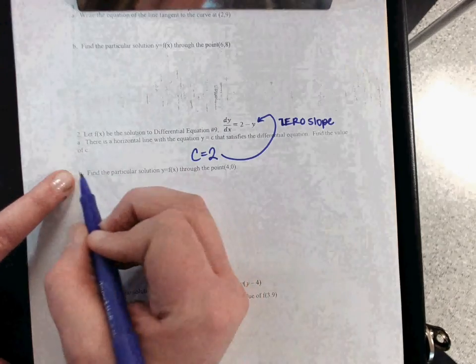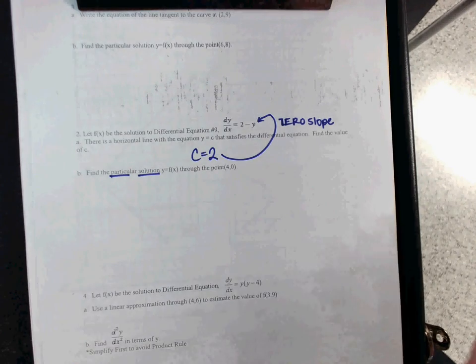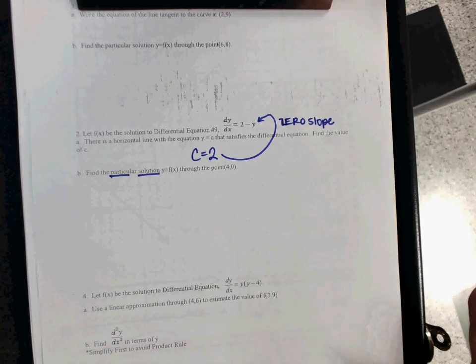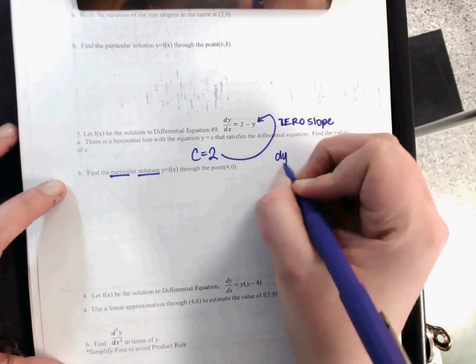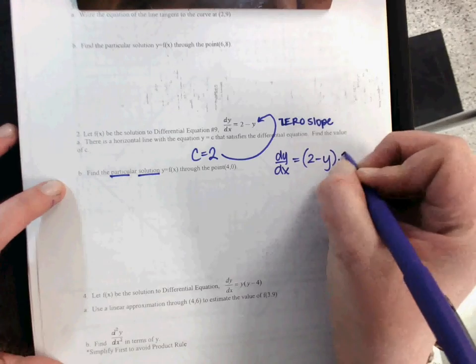So for part B, how would you separate? When I want the particular solution, I have to separate. Look at your computer, by the way. Every time you move. Oh, thanks. How would I separate dy dx equals 2 minus y? It's not like a box.